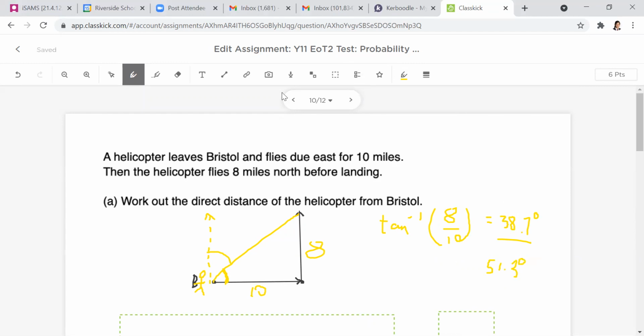Did anyone write 51 degrees and I marked it wrong? Let me have a quick look. Page 10. No one? Okay. It doesn't affect anyone's marks. I noticed towards the end of the paper, people were running out of time. Oh, 38.6.